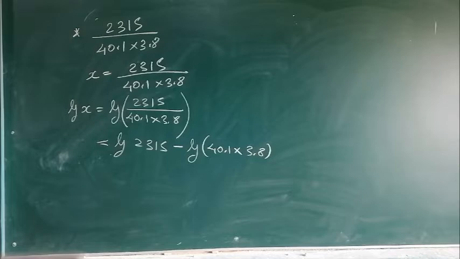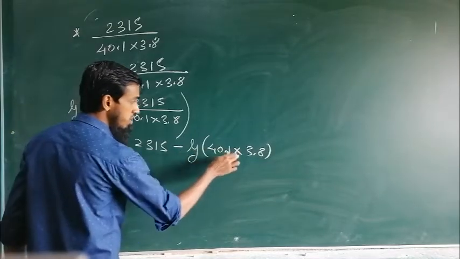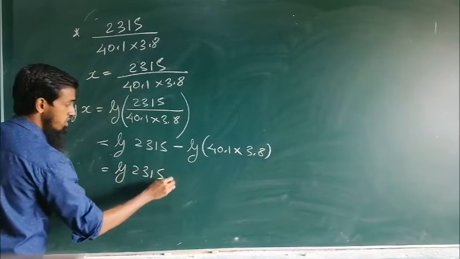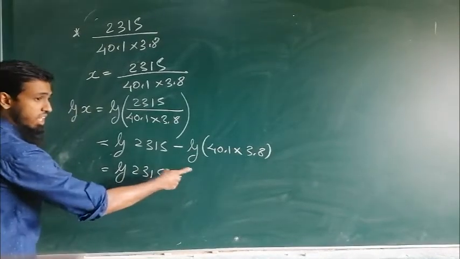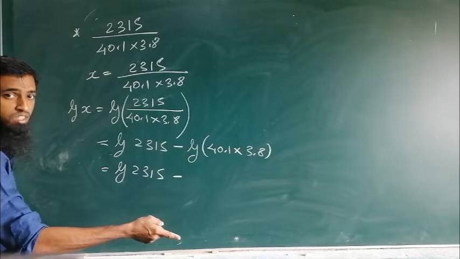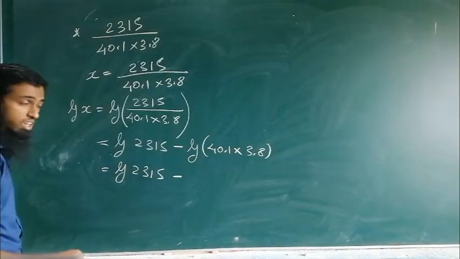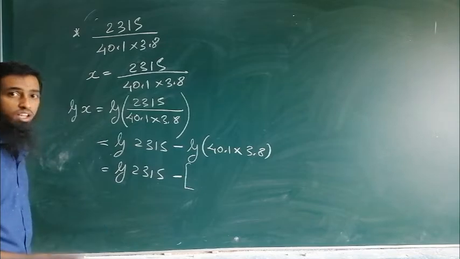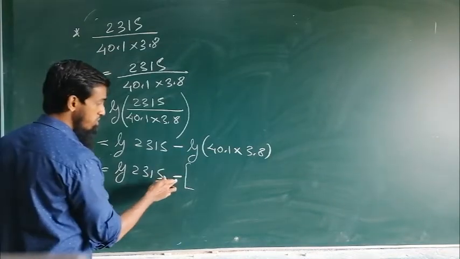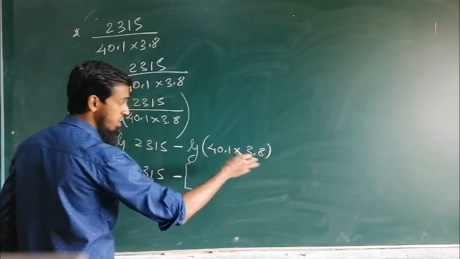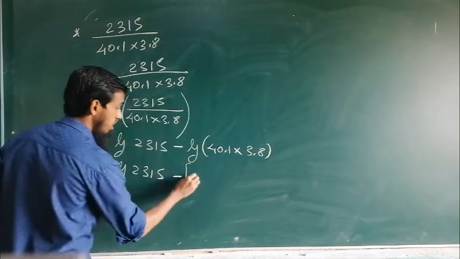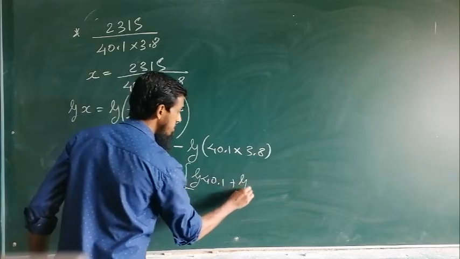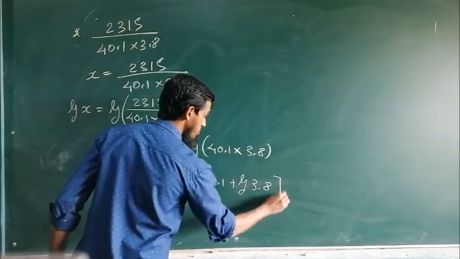Now we have logarithm with multiplication. Remember this step: after the subtraction, if you want to write anything, you need to write it inside the bracket. If not, you will change the question. Within the bracket, we can write separate values: LG 40.1 plus LG 3.8.